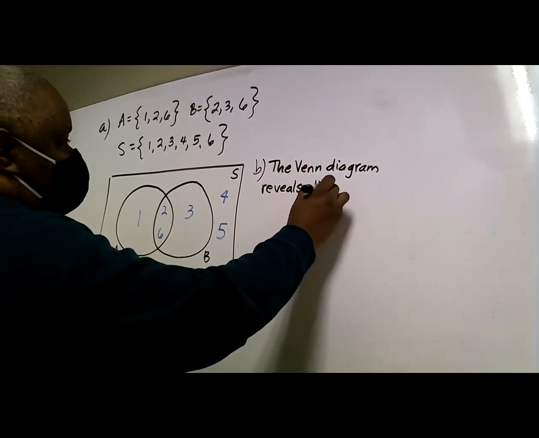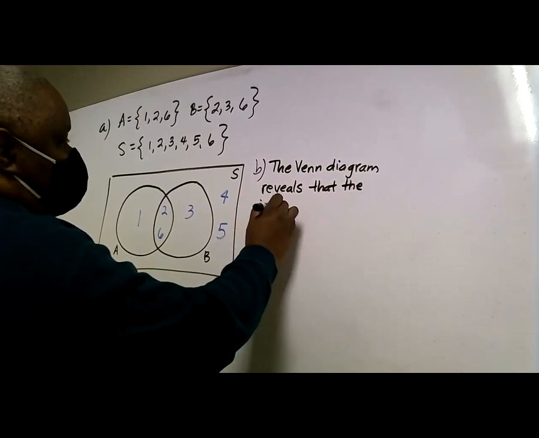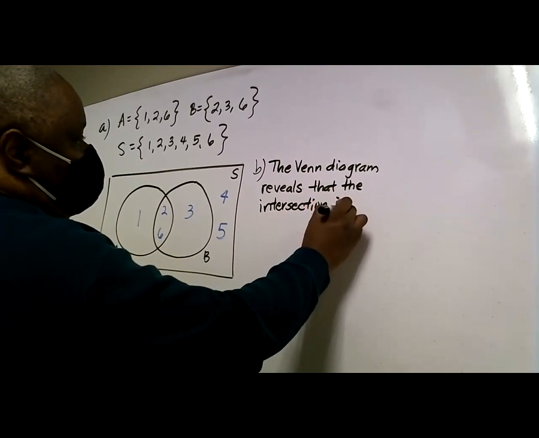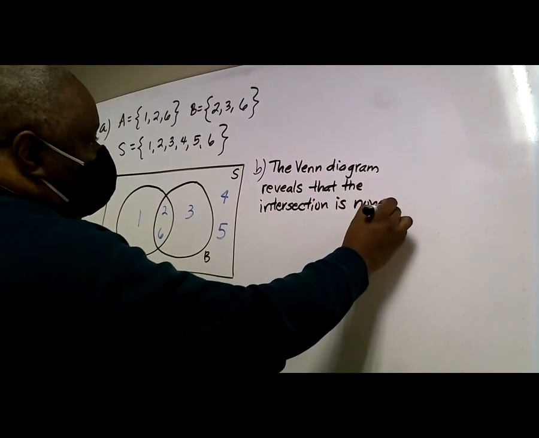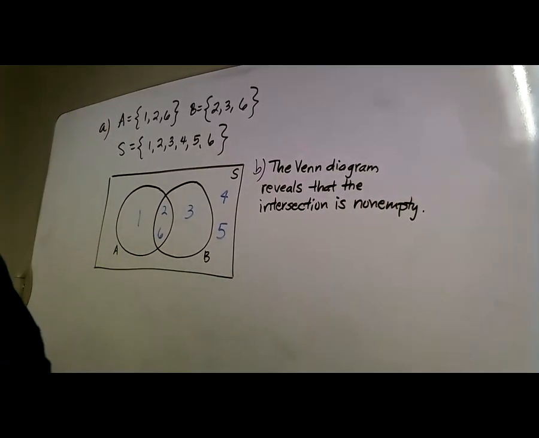It reveals that the intersection is non-empty. Is there something in common in both A and B? Questions on that?